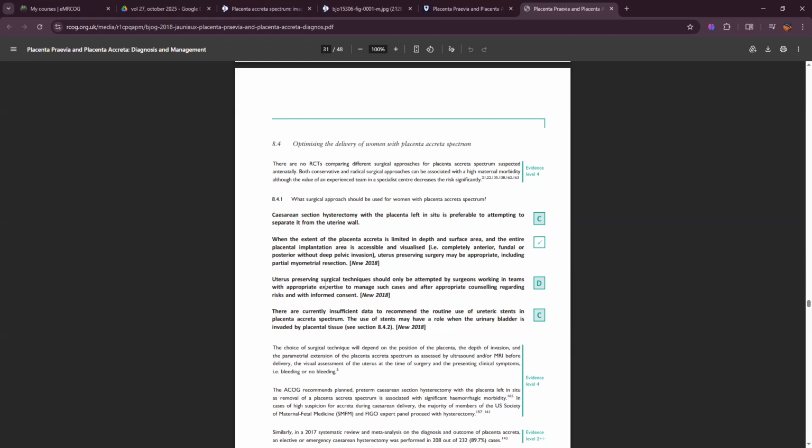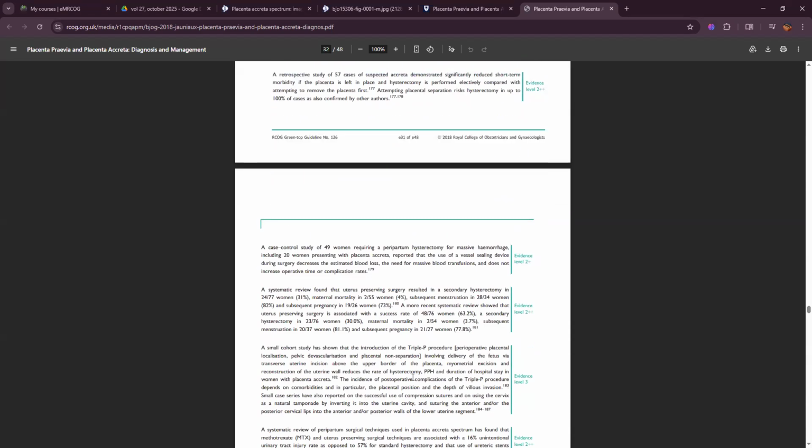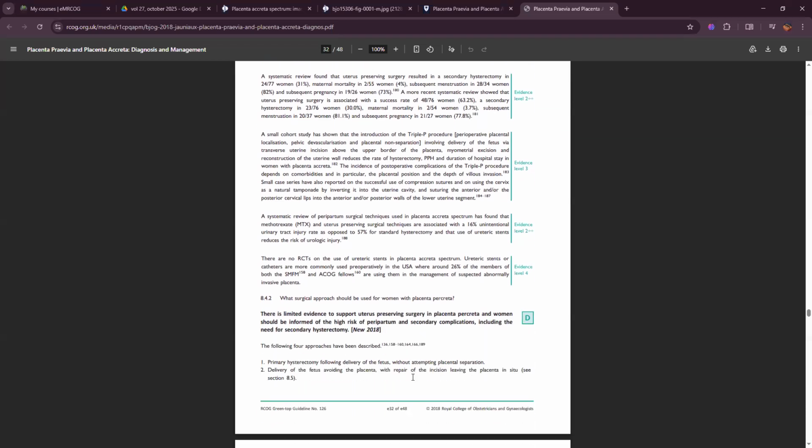Uterus preserving surgical techniques should only be attempted by surgeons working in teams. This is what the TOG article is talking about. Preserving the uterus. In the guideline, they are not talking about details of preserving the uterus. They are talking about real cases, okay?